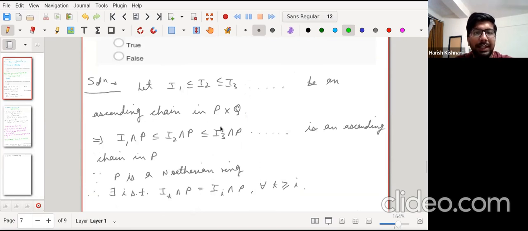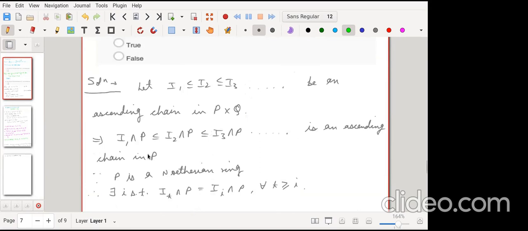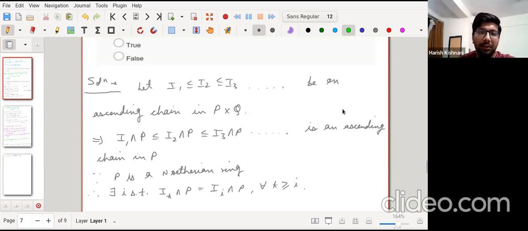Because P is also sitting inside P cross Q as an embedding. Yes, sir. So as a set, it might not make sense. So let me just make it more clear. So let it be some P dash chain in P dash, which is nothing but P cross 0.